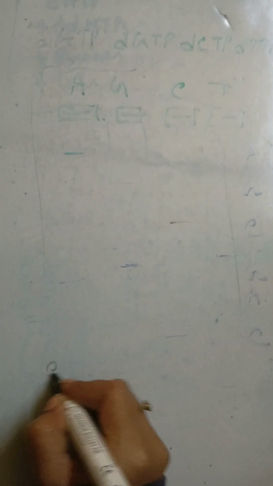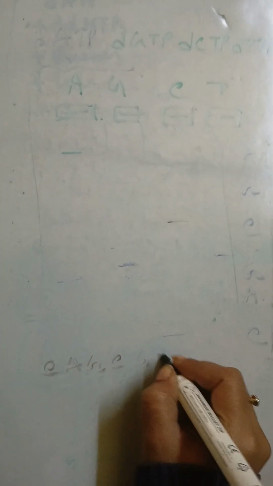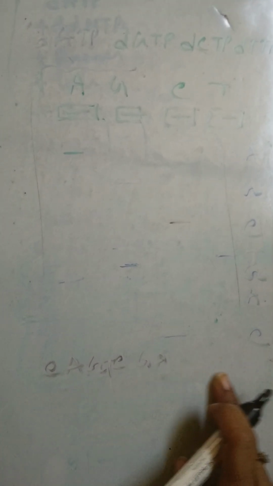You will always have to remember that you read the sequence from bottom to top. So what will be the sequence now? C A G C G A. Oh, sorry, there is a T also. I've missed it.